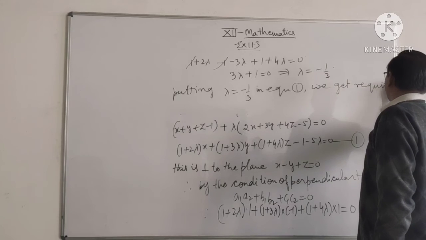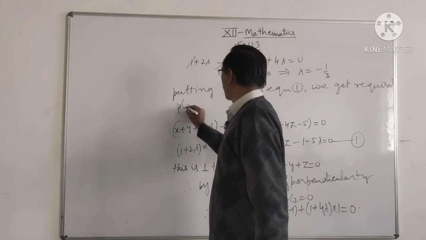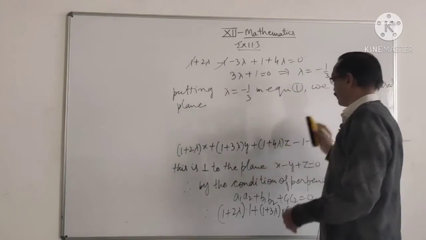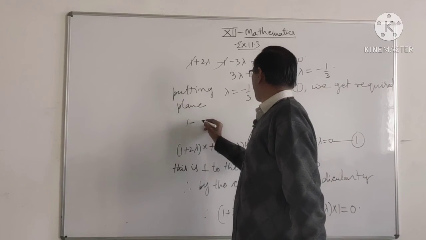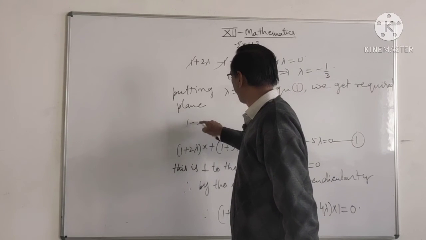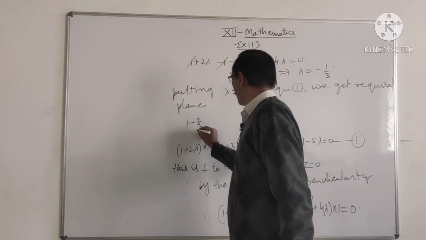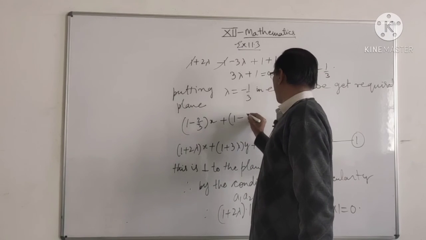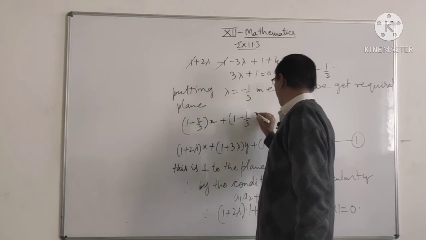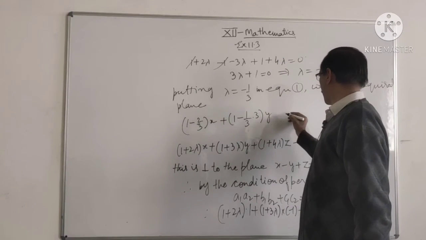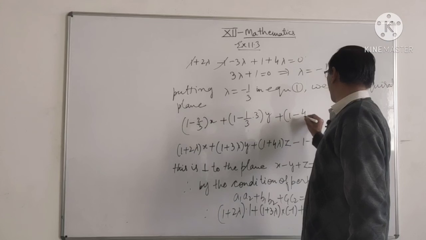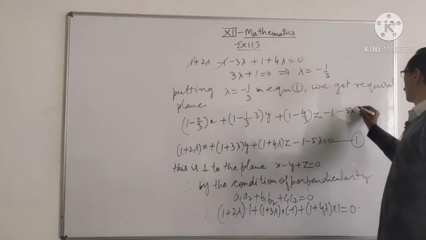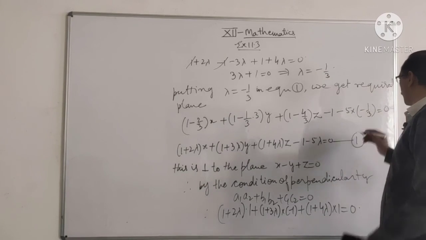Required plane. So it is 1 minus 2 upon 3 into x plus 1 minus 1 upon 3 into 3 y plus 1 minus 4 upon 3 into z minus 1 minus 5 into minus 1 upon 3 equal to 0.